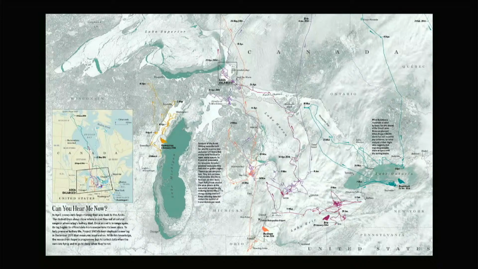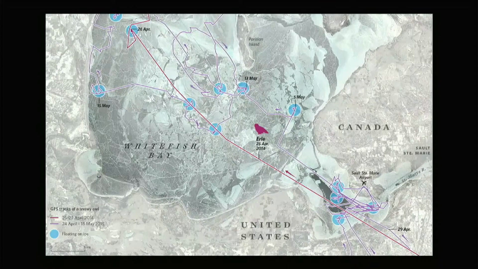And what the researchers discovered was that the owls were spending a long time over some of the Great Lakes, and this was slightly strange because you would expect an owl to spend its time in fields hunting for mice and voles and that kind of thing.